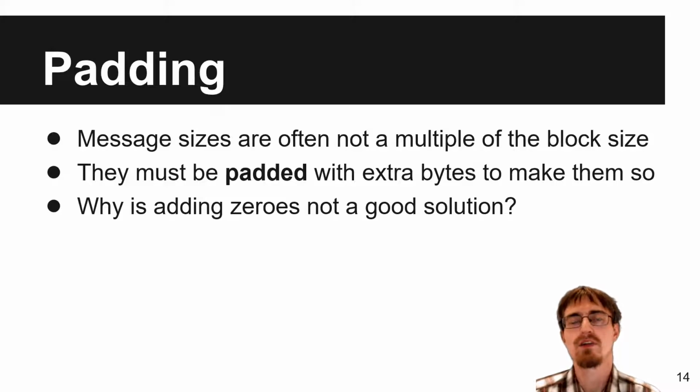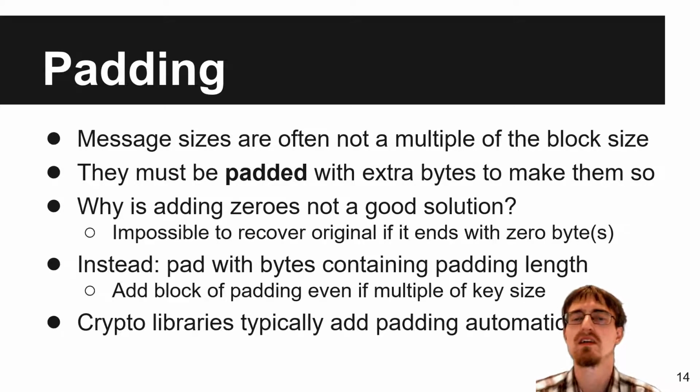Now, the obvious choice would be to simply append zeros at the end. However, this is not a good solution. Take a moment to think about why. Why is this not a good solution? This is because this makes it impossible to recover the original. If the original message ended in zeros, we are unable to tell the padding from the message. So this is no good.